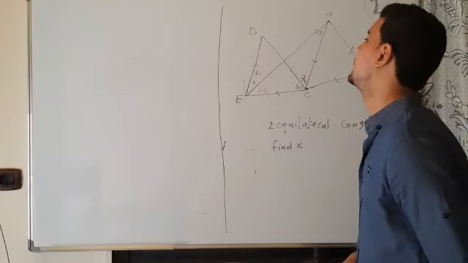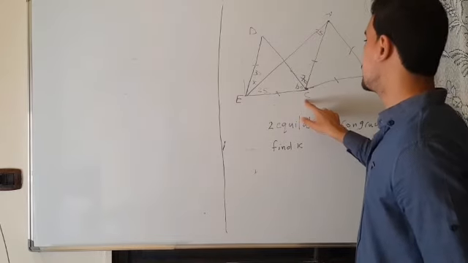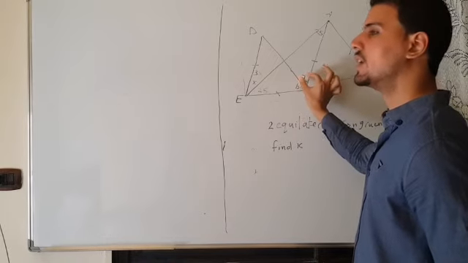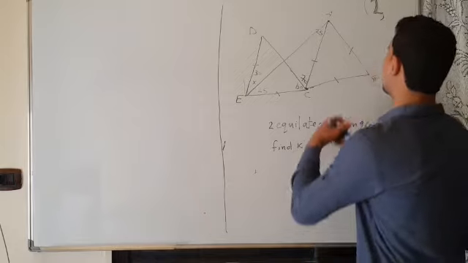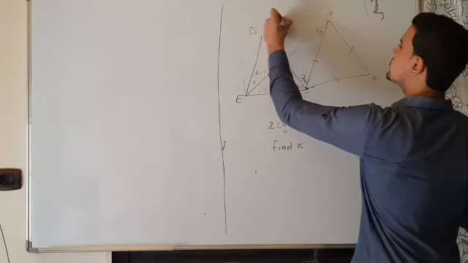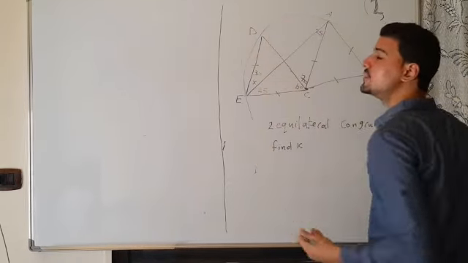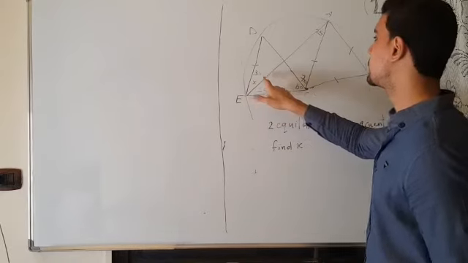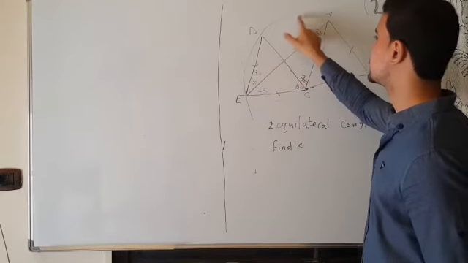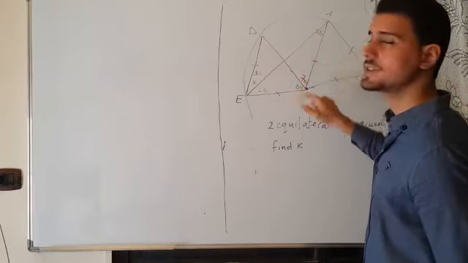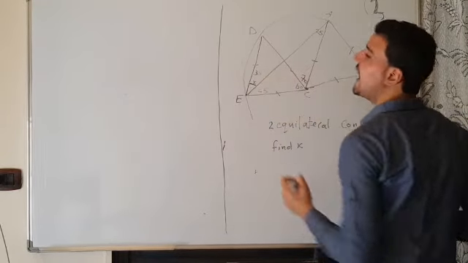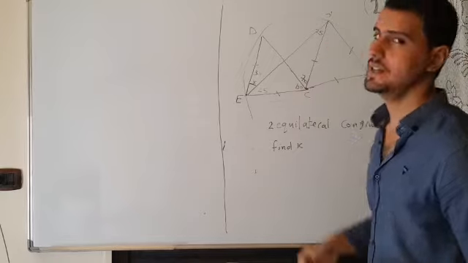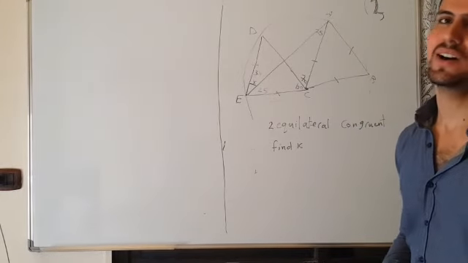What do you think? Yes, C is the center, defines a central angle, and E on the circumference of the circle defines an inscribed angle, and the inscribed angle, if attached to the same arc as the central one, means that x is half of ACD, which means it is 35.